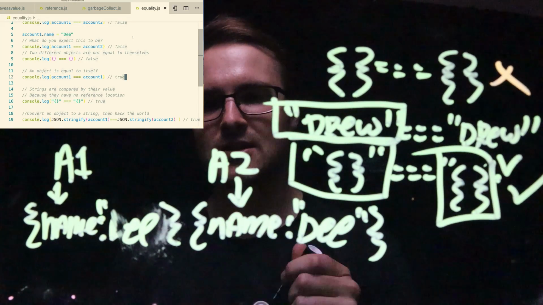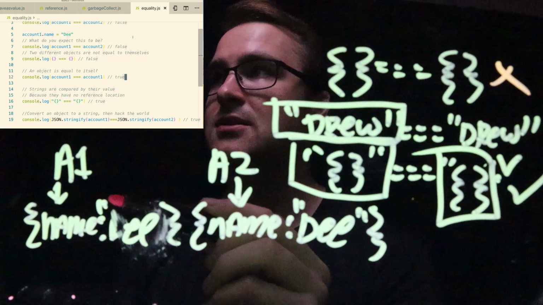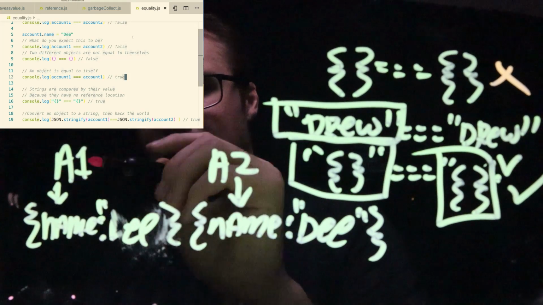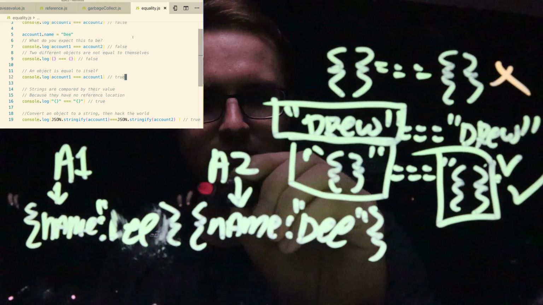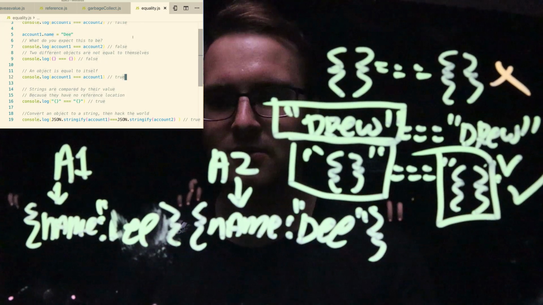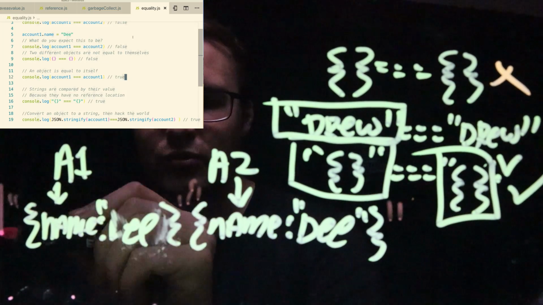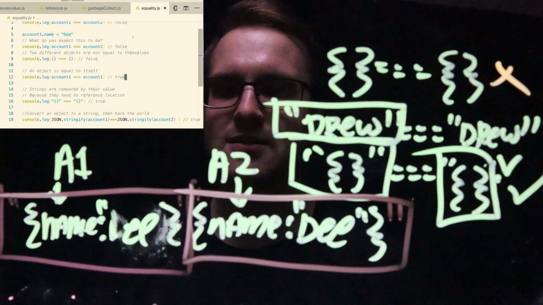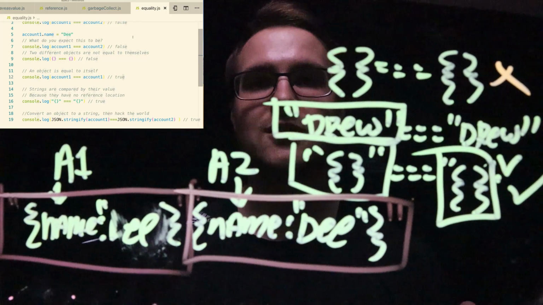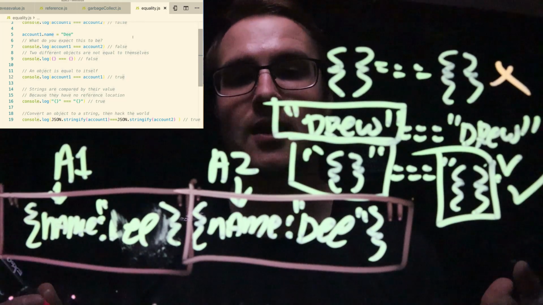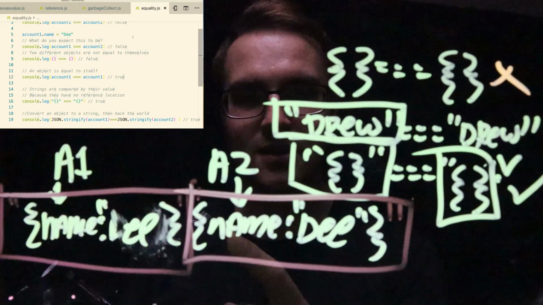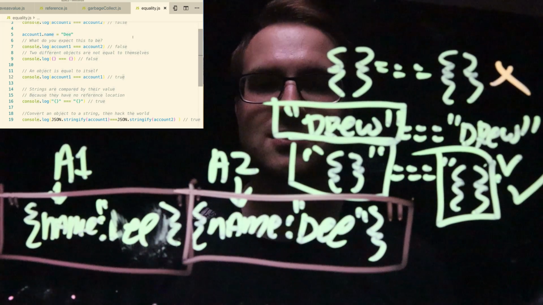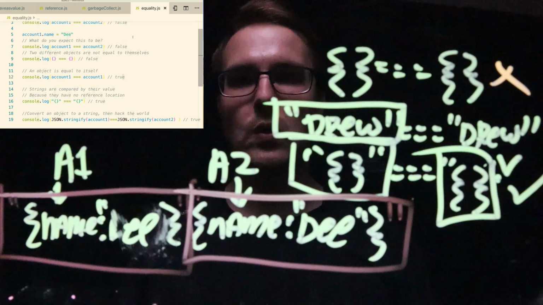So at this point, what JSON.stringify is doing to account 1 and account 2 is just putting little ticks next to them. So these are now primitives. And if you compare them, they're just primitive strings and they're just characters, right? And they've got the exact same characters. So they're equal. It's true.